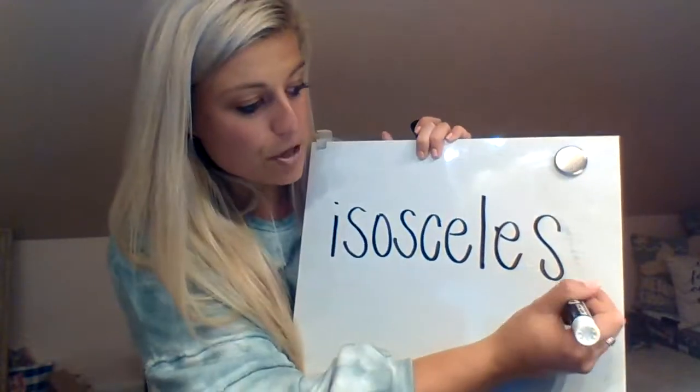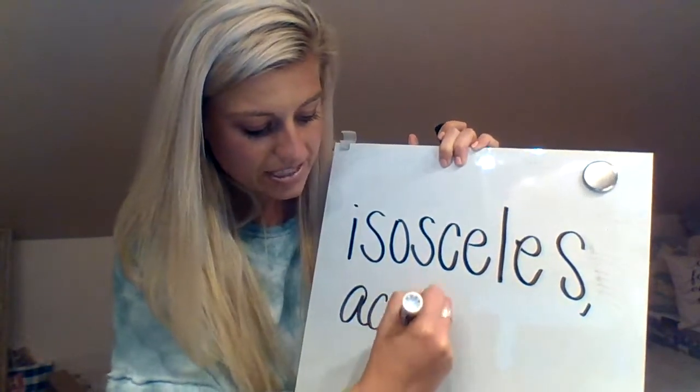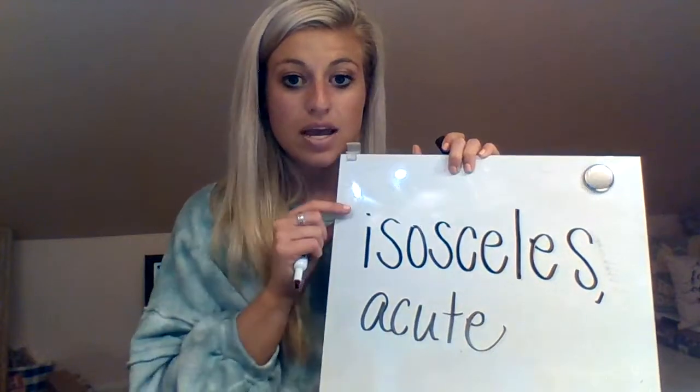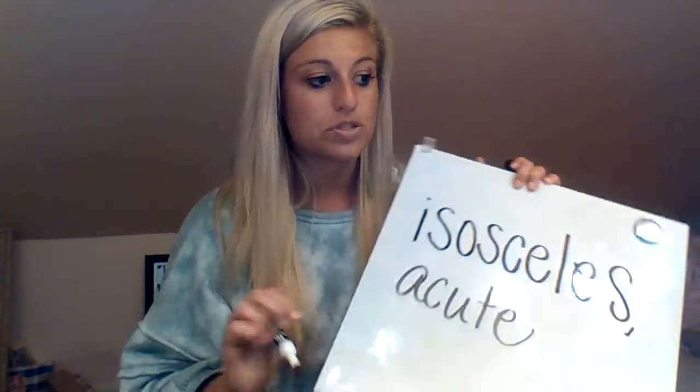So for number 3, if I were to write this on my paper, I'm going to write isosceles, and I'm going to spell my word correctly because I'm looking back into the text. So I have that it's an isosceles triangle, and then I'm going to put my comma, and then I'm going to say that it's acute because all those angles inside are acute angles. So you should have 2 words written down: isosceles and acute.